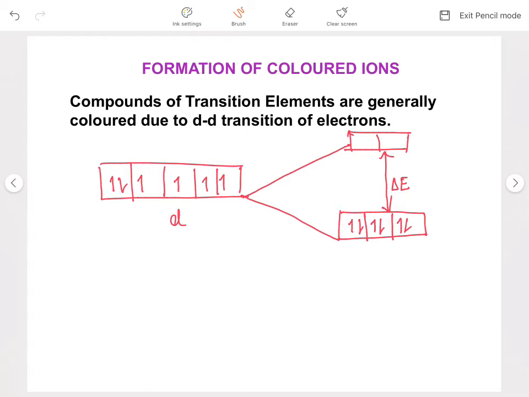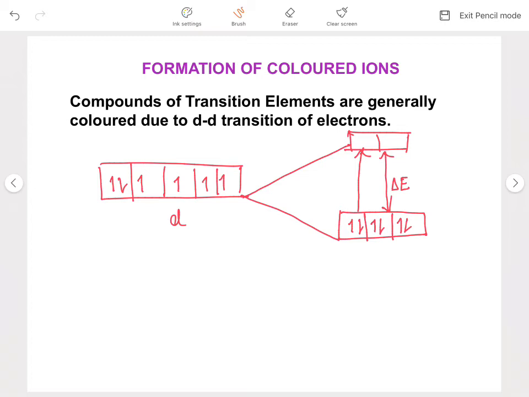So now these electrons can gain energy from the visible light and jump from the lower set to the higher d orbital set. So this is exactly what d-d transition is. Now because this is a small energy gap and the electron gains energy from visible light only, and the color reflected is the complementary color, the compounds are generally colored.